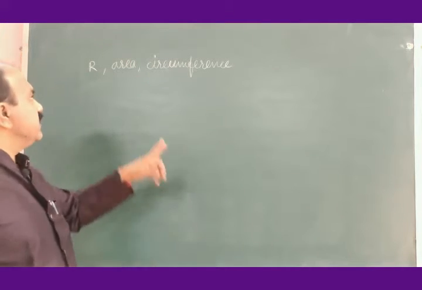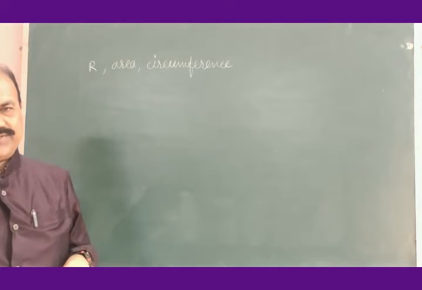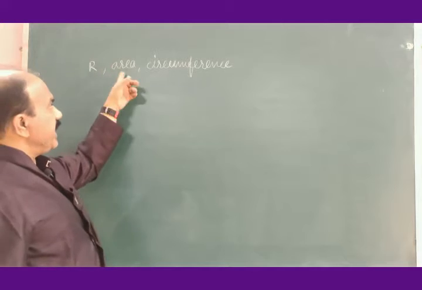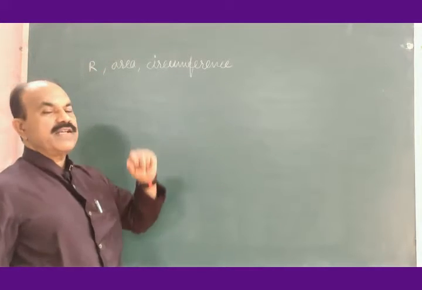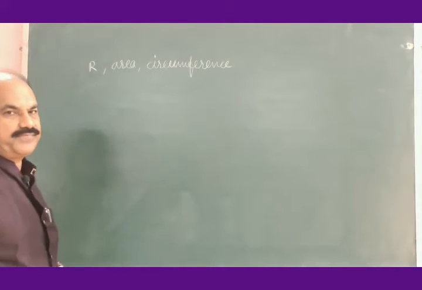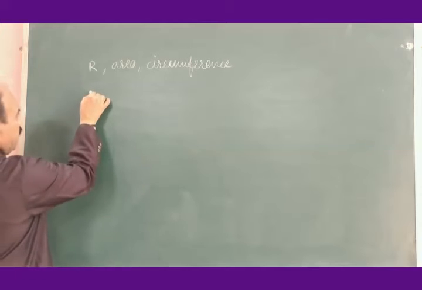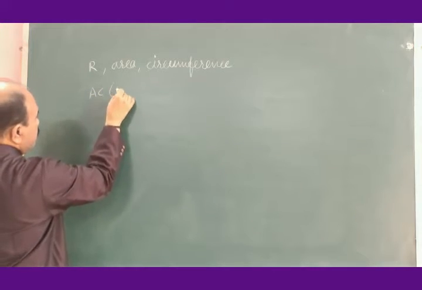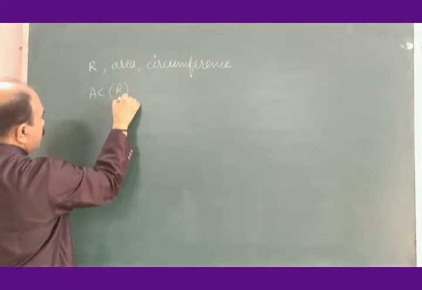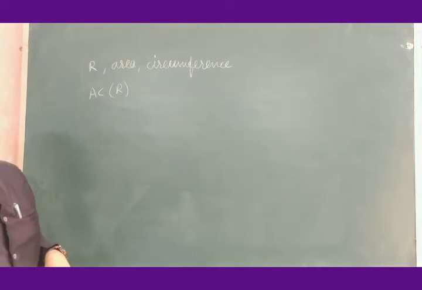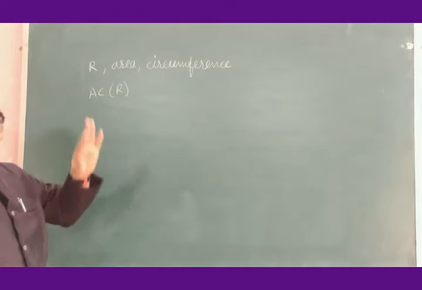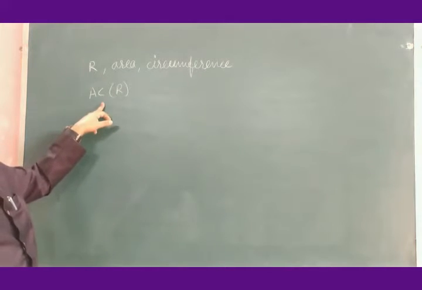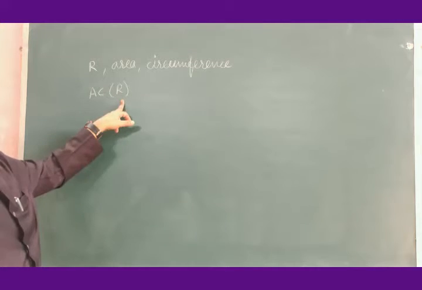You are provided the radius of the circle and you are asked to find the area of the circle and the circumference of the circle. Area of circle, this function, let me write this as AC of r. Area of circle, argument is r.